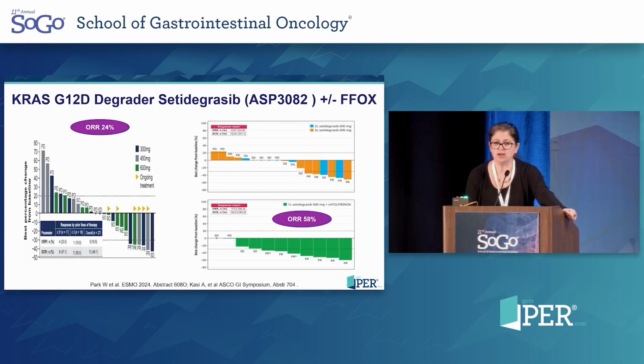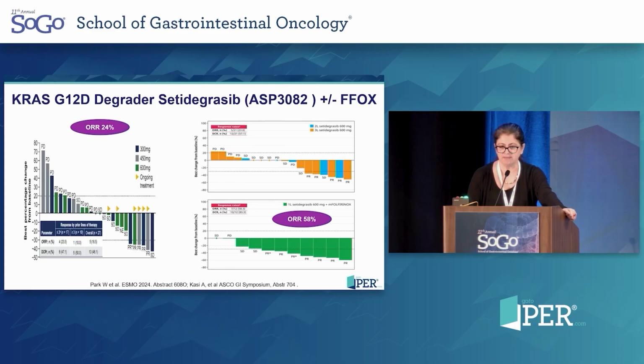A new, different mechanism of action, a protein degrader from Astellas, ASP3082, now called setidegrasib, has been previously reported by Woong-Yang Park to the left as monotherapy in pretreated G12D pancreatic cancer, response rates of about 20-25%.